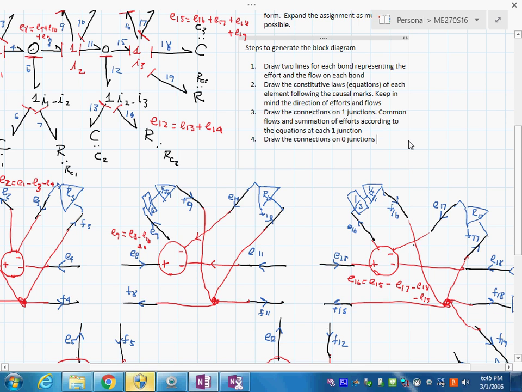And if that's the case, you have F11 and then minus F15 equals F12. And we are done with this thing. You can see the steps in here, you can see the bond graph here, and you can see the block diagram over here.